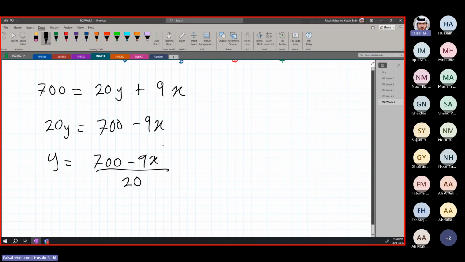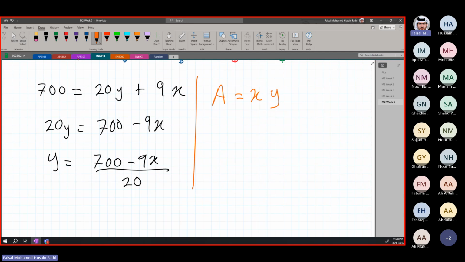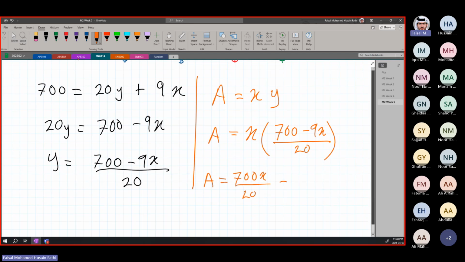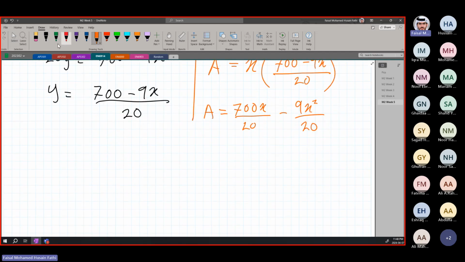And we found our equation for y. الحين نقدر نكتب equation مالنا مال area. Area is equal to x times y. بدال y بنعوض اللي هو x times 700 minus 9x over 20. يعني a is equal to 700x over 20 minus 9x squared over 20. تمام? So we found this area.